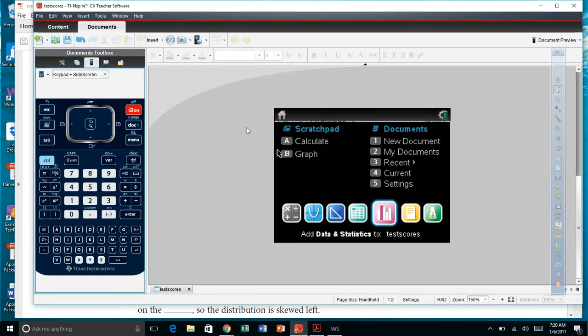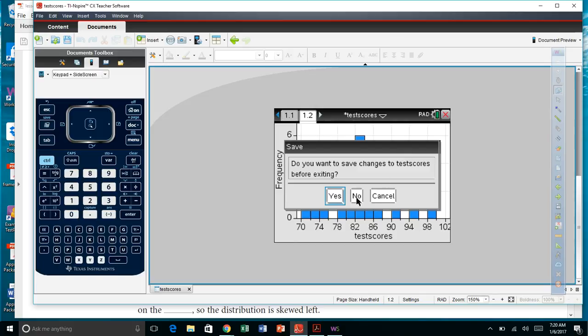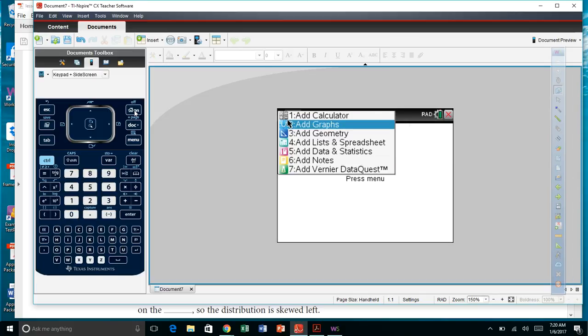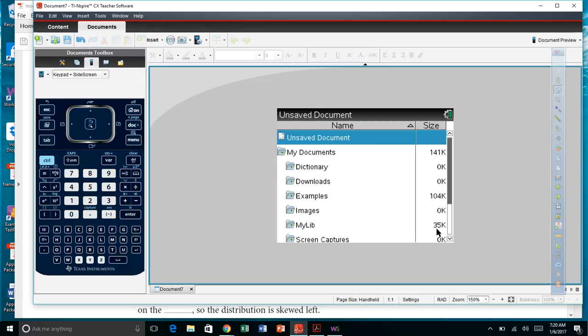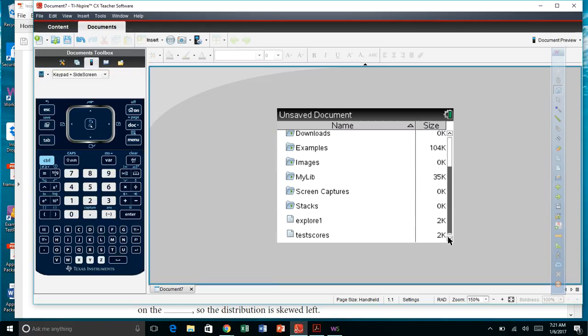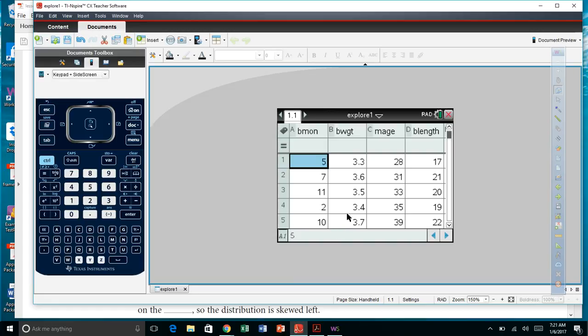And so let's click on new document. Test scores don't have that. So then we'll have to go back to the Explorer 1. There it is. And we were doing age, right? We're doing age.